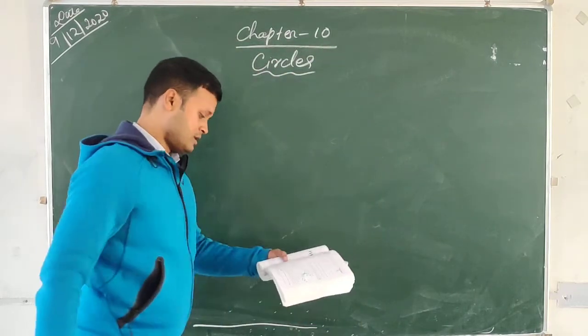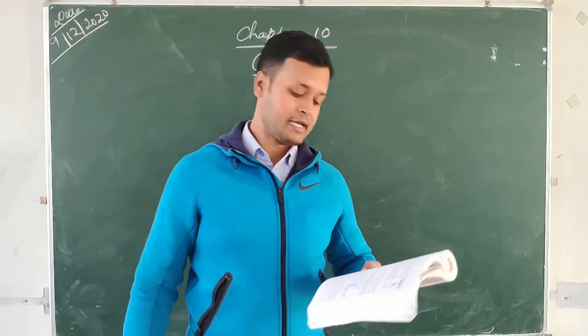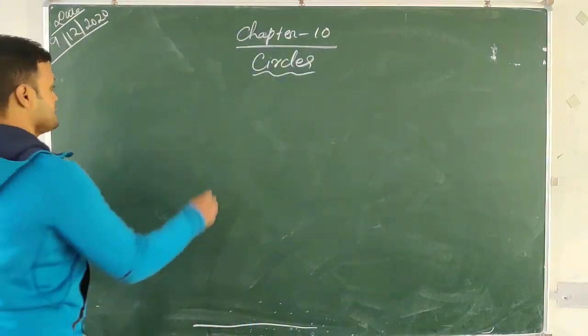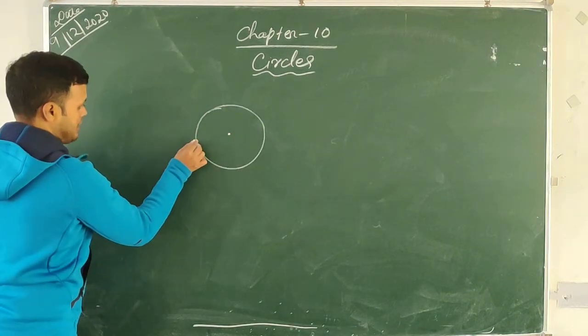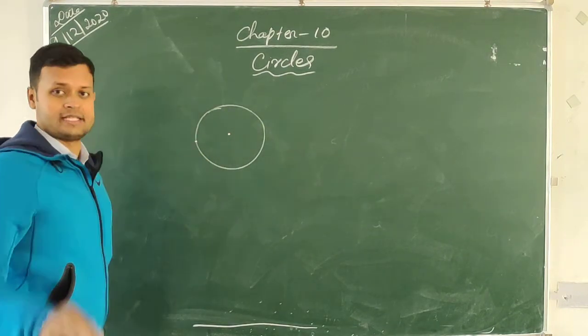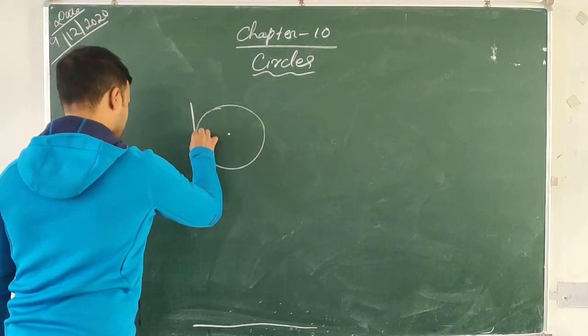There is this one thing that you need to understand. At any single point, there is only one tangent at the point of the circle. Suppose the circle is there. At one point you will be able to draw only one tangent. At one point you cannot draw more than one tangent.